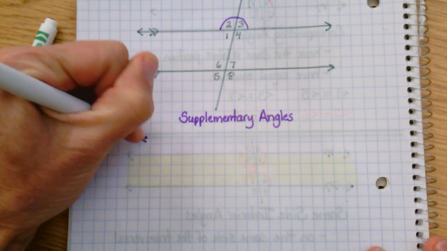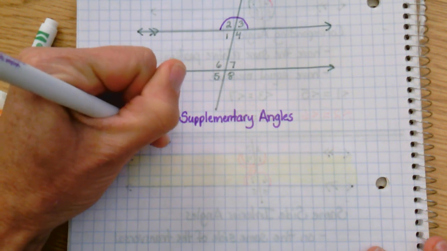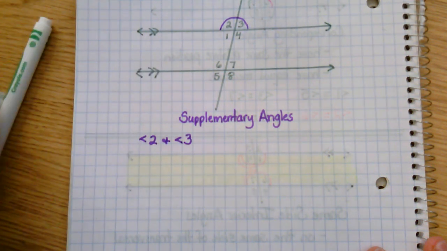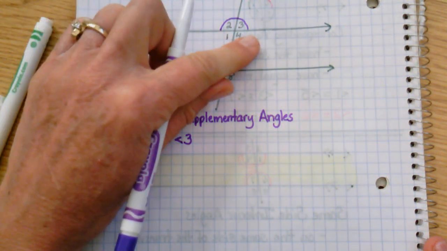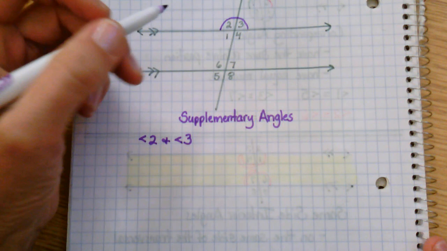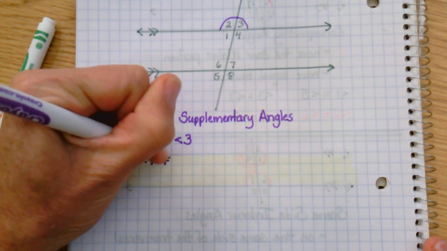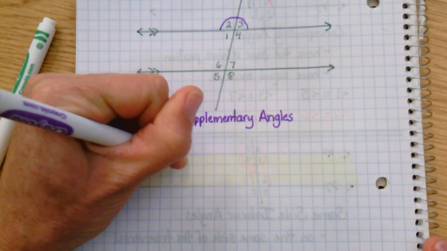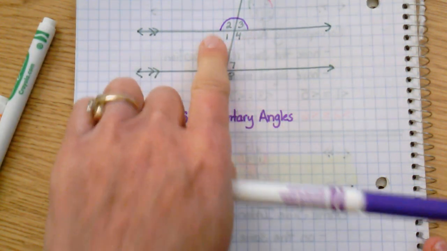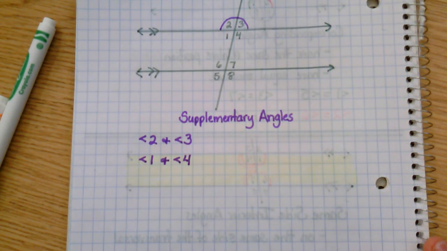So angle 2 and angle 3 are a pair of supplementary angles. Beneath that, you can see angles 1 and 4 would also be supplementary angles. Together they create that same straight line that 2 and 3 create.